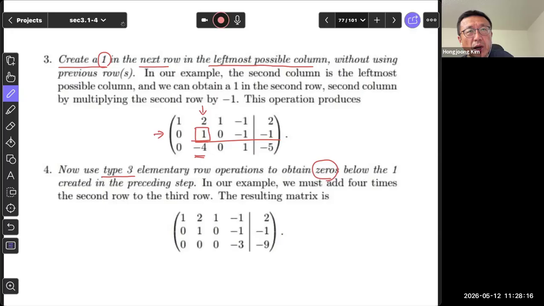Now using this 1, I want to change this negative 4 to 0. So you can multiply 4 to the second row and then add it to the third row. And when I eliminate this negative 4, I play with the second row. I do not play with the first row. So this is what I get then.